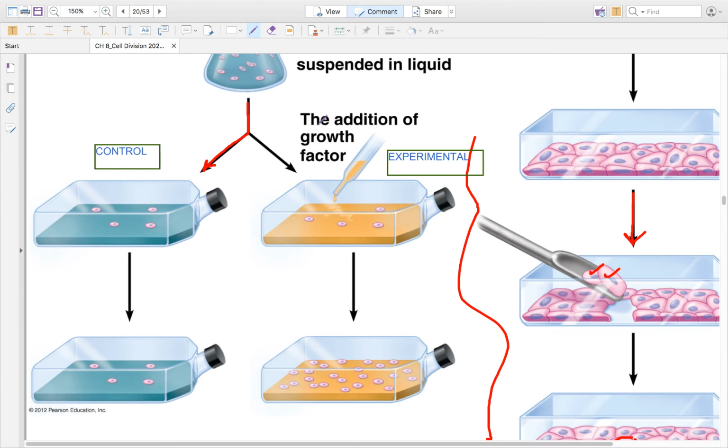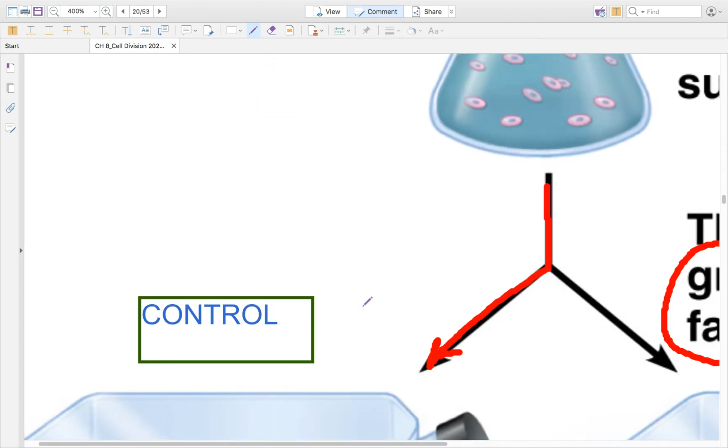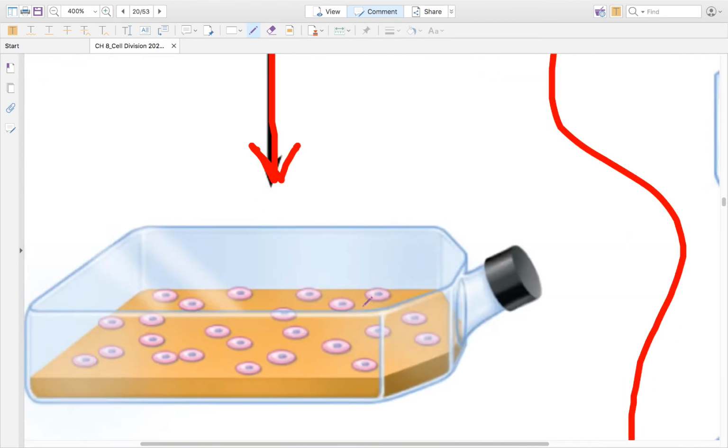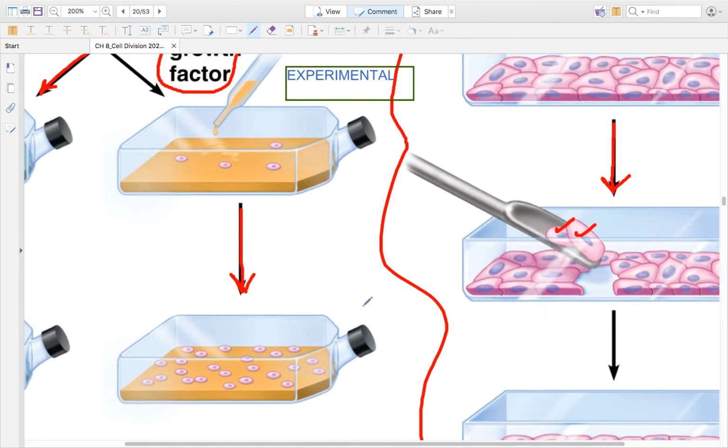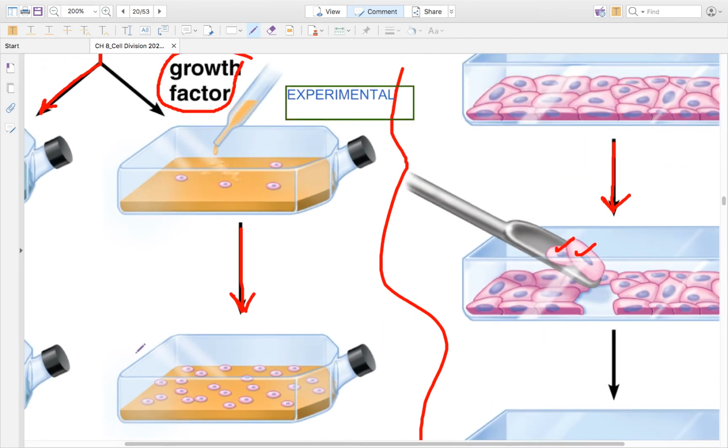If we add something called growth factor, which is a hormone, to the experiment, to the cells, they will grow, because growth factor initiates cell division. So if you look at these 2, we start off with 4 cells, and then we have a significantly higher number. I don't want to count them all. There's something like 10, 12, 15, something like that.